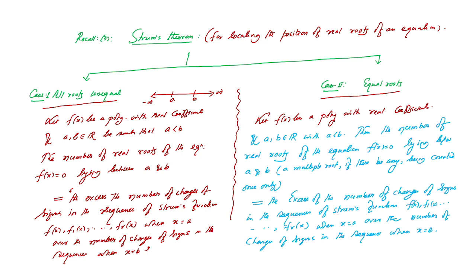Now we come to one important problem that we will solve with the help of Sturm functions. Sturm functions tell us two things: the exact number of real roots, and the location, or position, of the real roots.